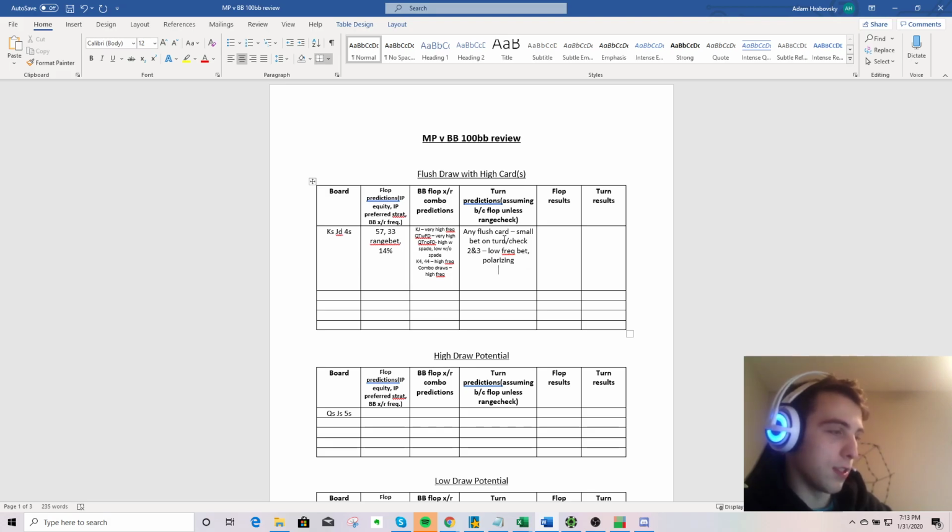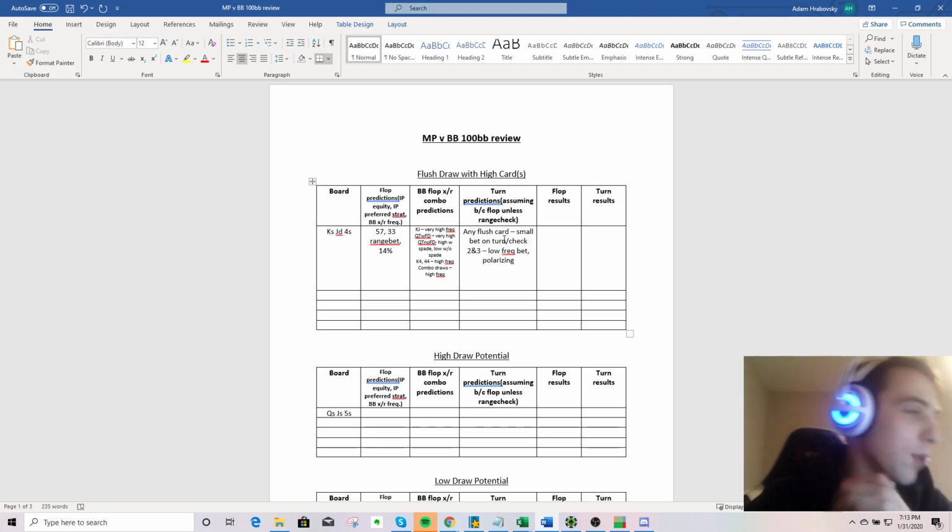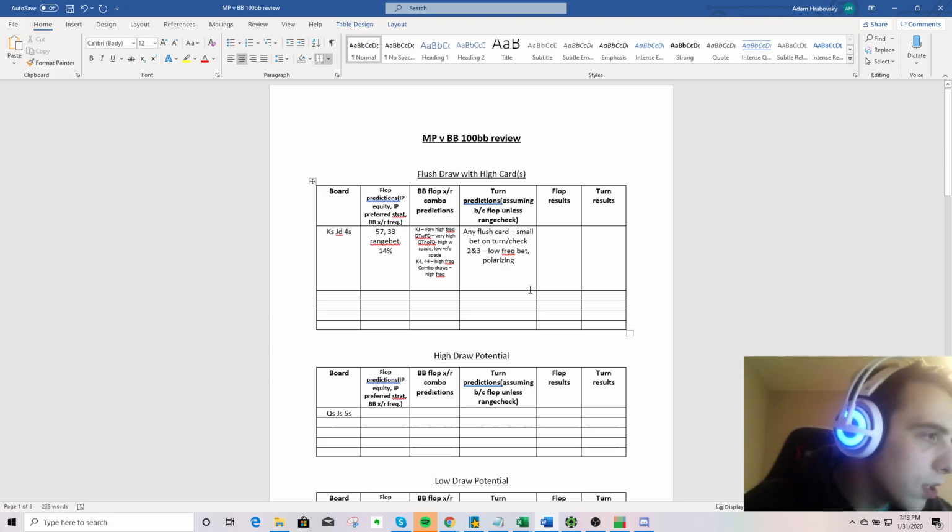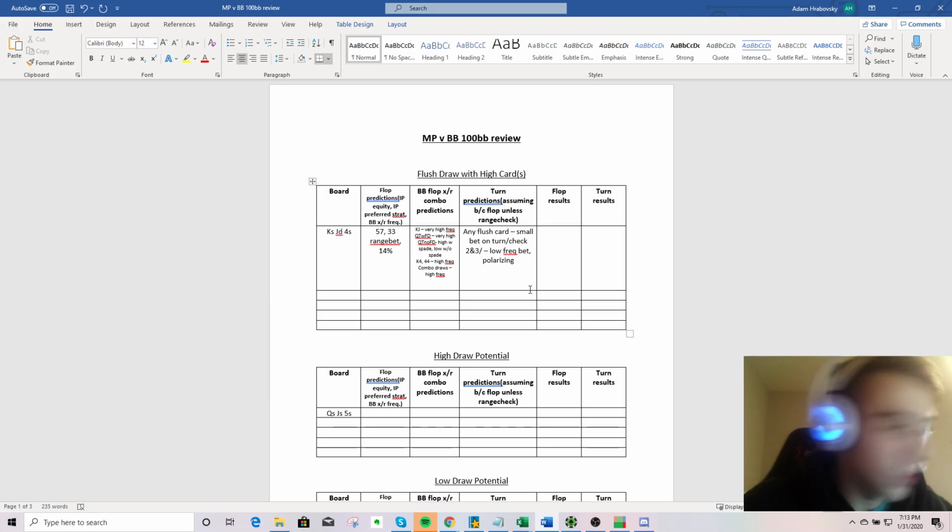If he's not raising the flop, he's just calling. It seems like a fine spot to polarize. No straights come in or anything. And this is probably the same for 2 and 3, 5 through 9. Low frequency bet, polarizing.